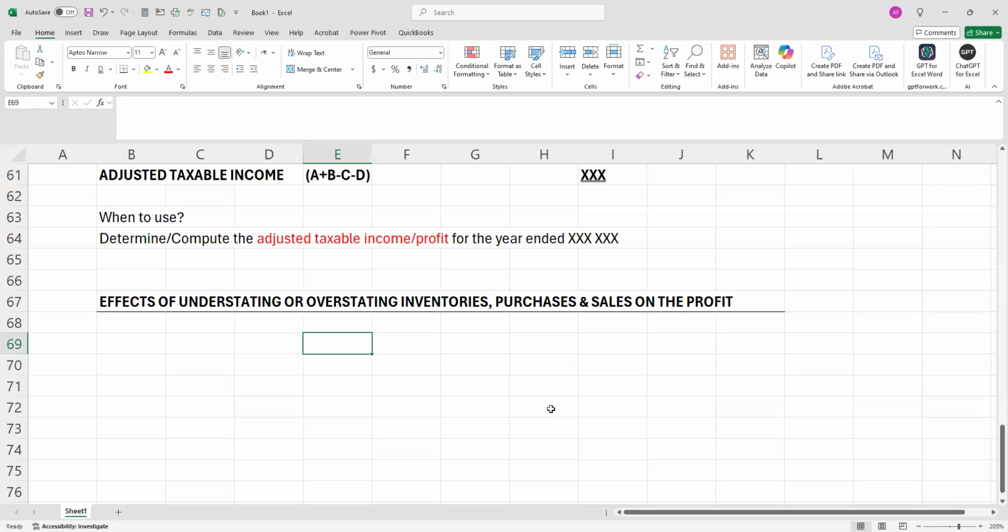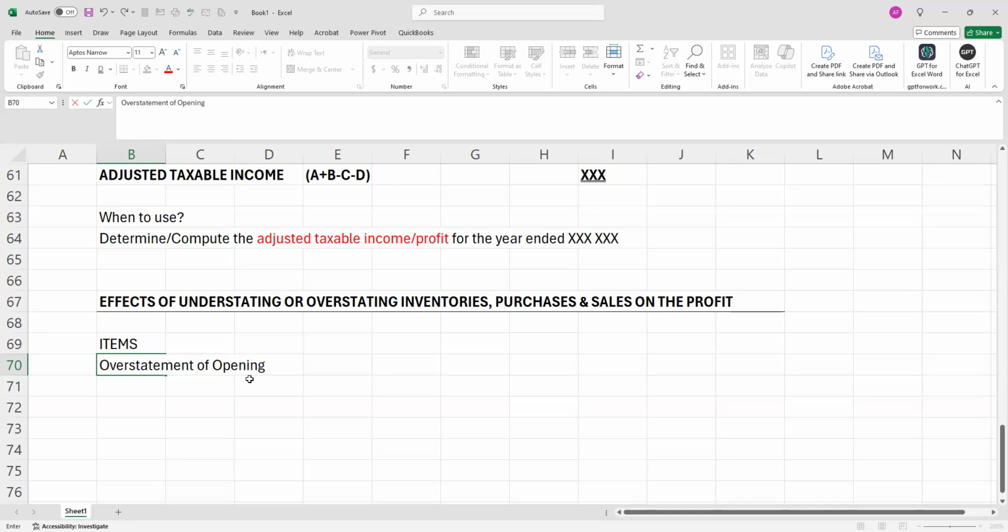So at this point, we consider the following items. The first item we can start with is what if we overstate: overstatement of opening inventories.